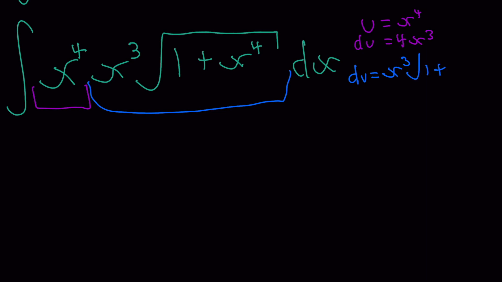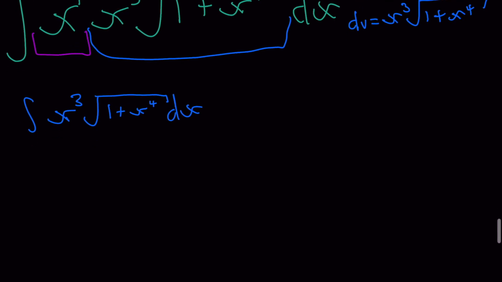Of 1 plus x to the 4th. So now we need to integrate this, right? And this is going to require a u sub. I'm just going to bring it all down here. The integral of x to the cubed times square root of 1 plus x to the 4th dx, okay?